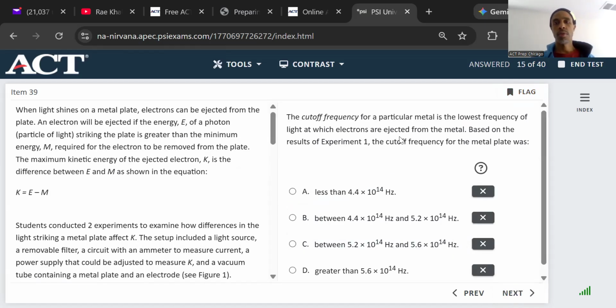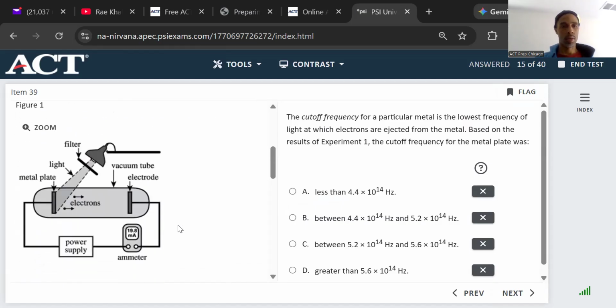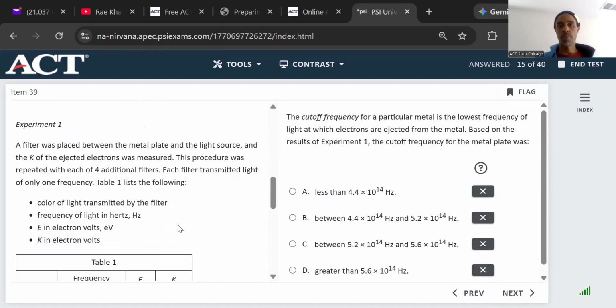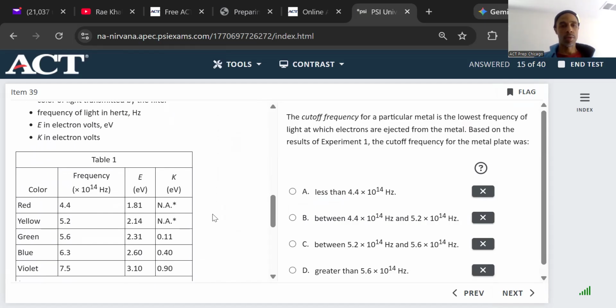39. The cutoff frequency for a particular metal is the lowest frequency of light at which electrons are ejected from the metal. Based on the results of experiment one, the cutoff frequency of the metal plate was... The cutoff frequency for a particular metal plate is the lowest frequency of light at which electrons are ejected from the metal.